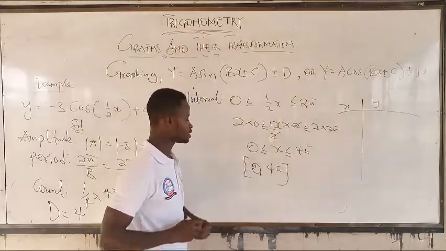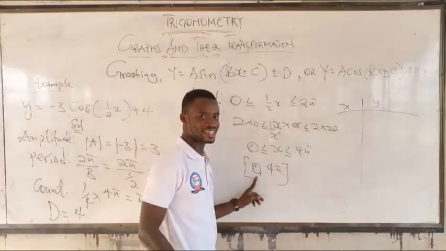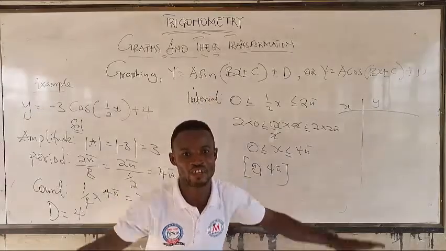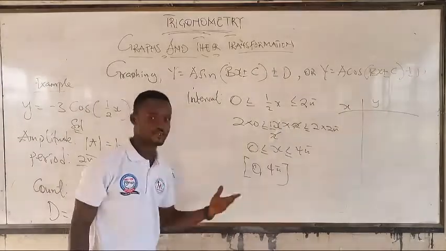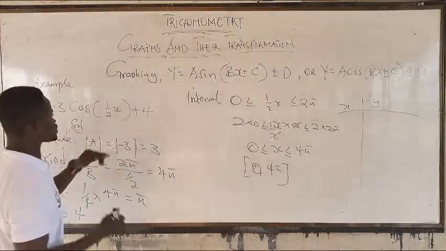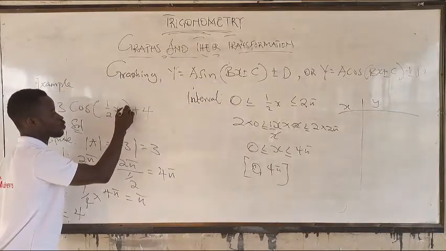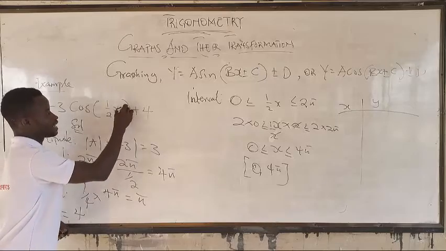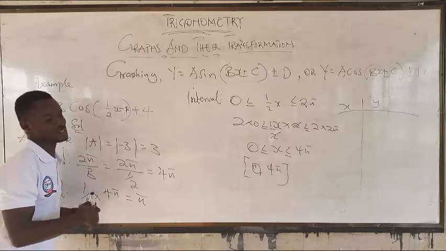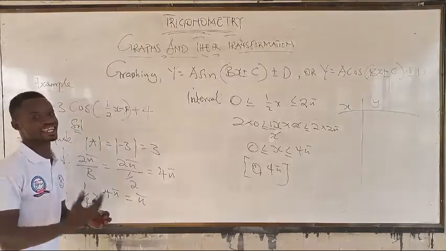Now watch, if it's starting at 0, that means that there is no phase shift. Because if there is a phase shift, let's say minus pi, if you get something like minus pi there, that means that there is a shift.